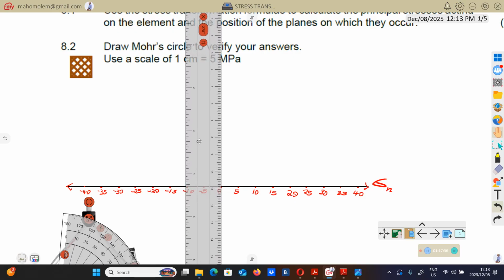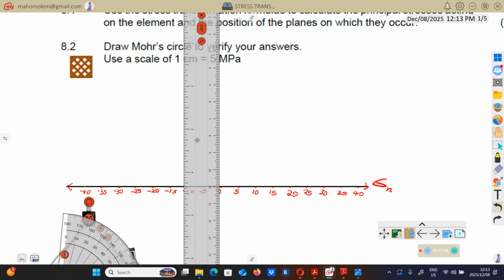You take a ruler, you draw your Cartesian plane.